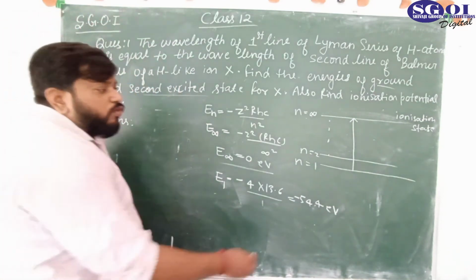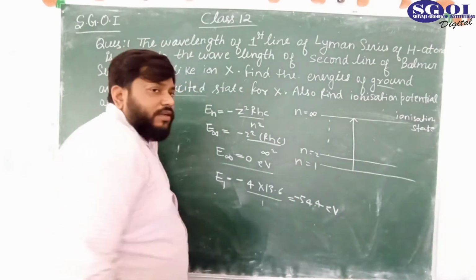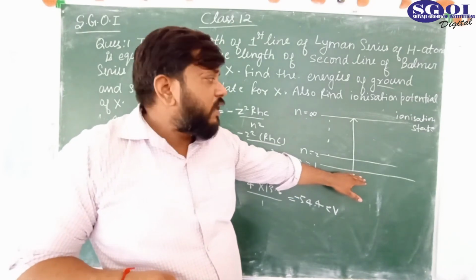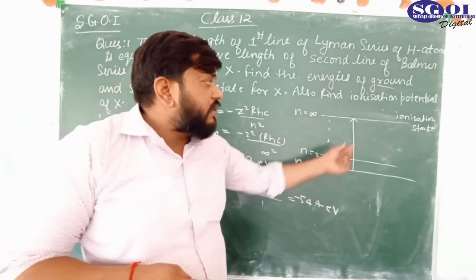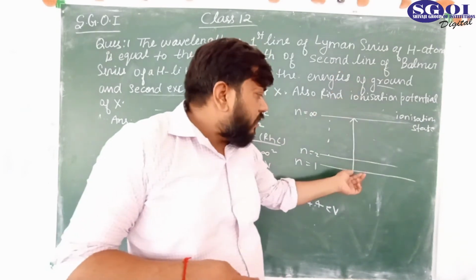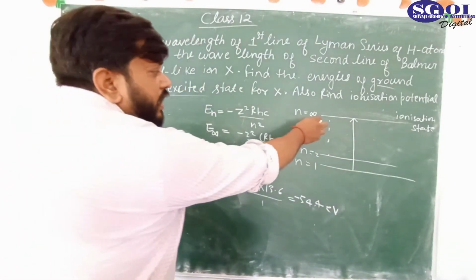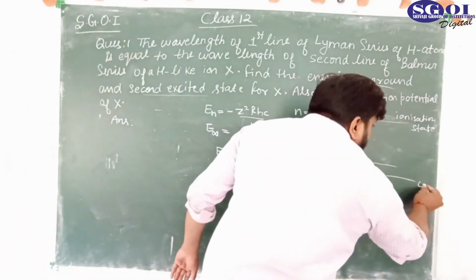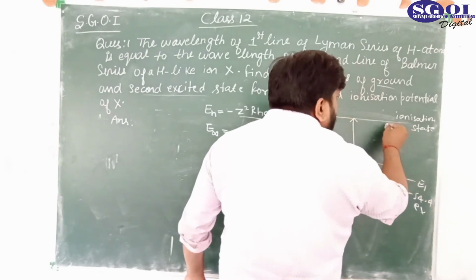So energy in this state is minus 54.4 and in this state 0. We have to make the transition from 1 to infinite. It means if the atom has to be excited from the normal state to the ionization state, it has to be given how much energy so that its energy in this state would be 0. The atom is in the first state with E1 equal to minus 54.4 electron volt, and E infinite is 0.